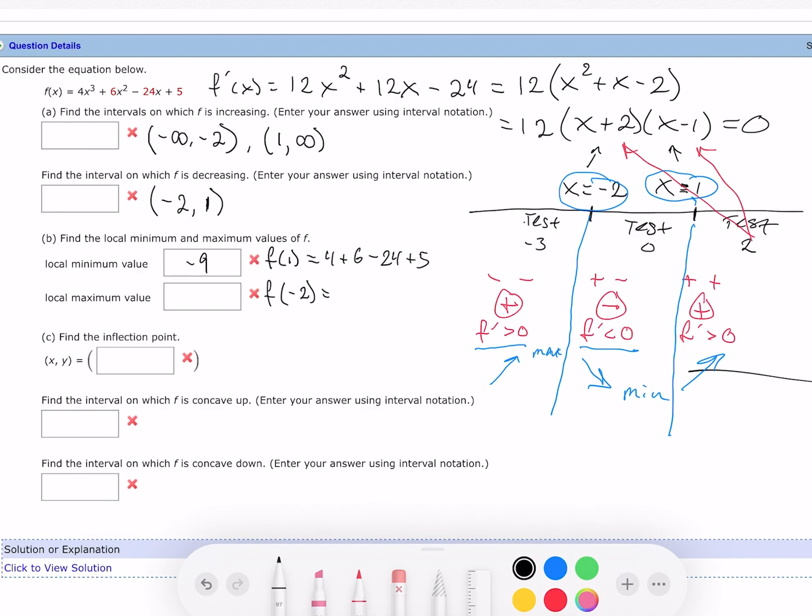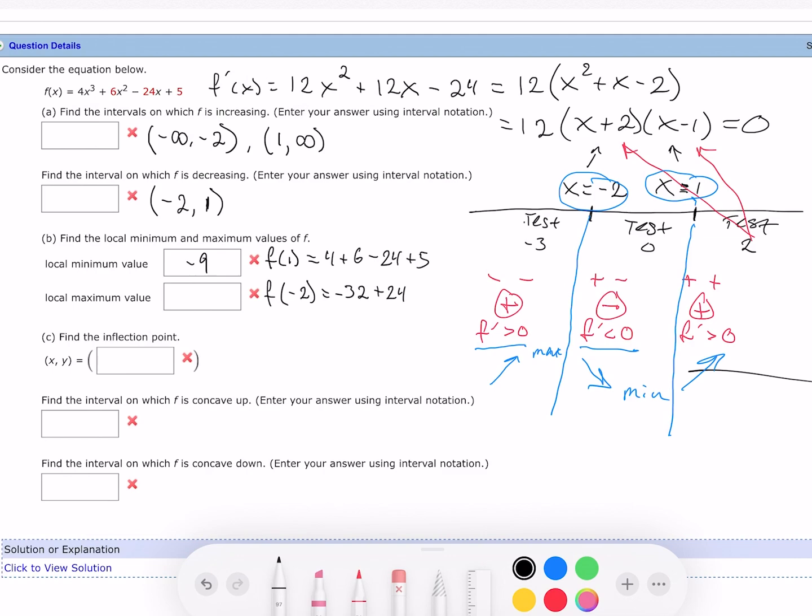Which I would calculate by carefully typing segments into a calculator. You've got 4 times negative 2 cubed, which is negative 32. You've got negative 2 squared, which is 4, times a positive 6, so plus 24.